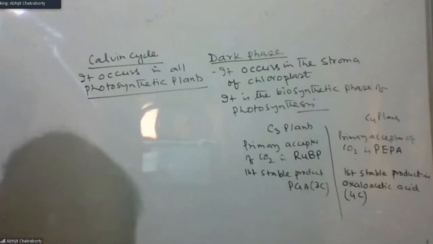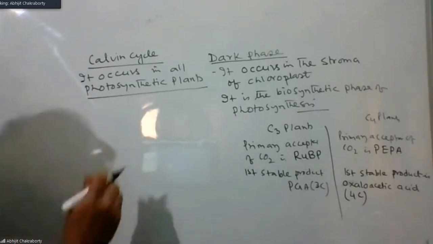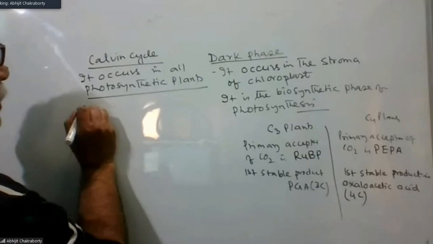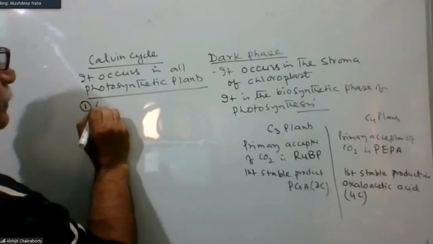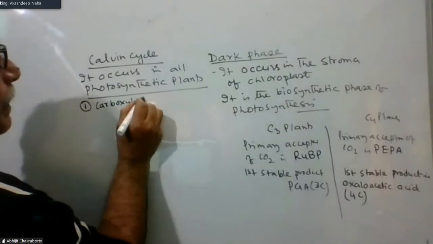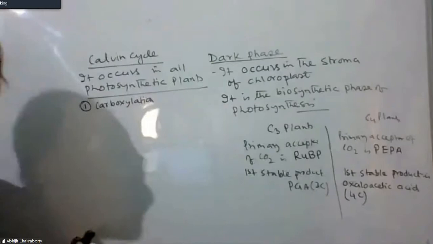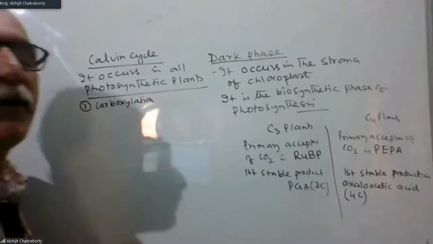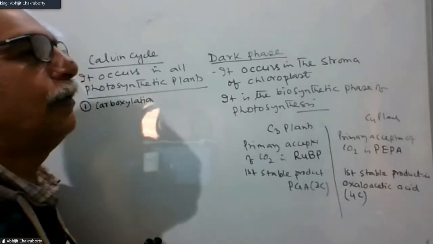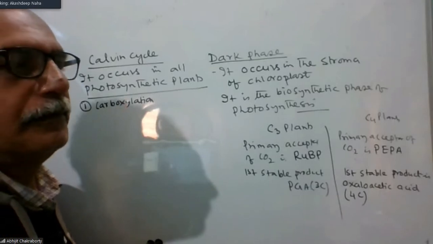Now we have to proceed toward the Calvin cycle. Sir, in the brackets you have written 3C and 4C, what is the meaning? 3C means a 3-carbon compound, 4C means a 4-carbon compound. Clear? Yes, sir.